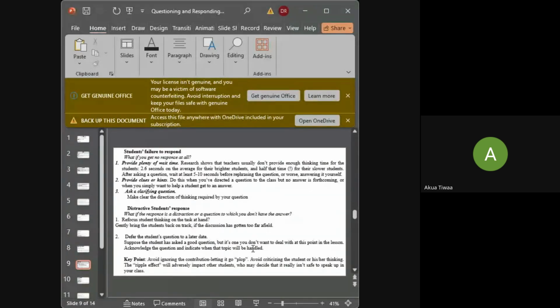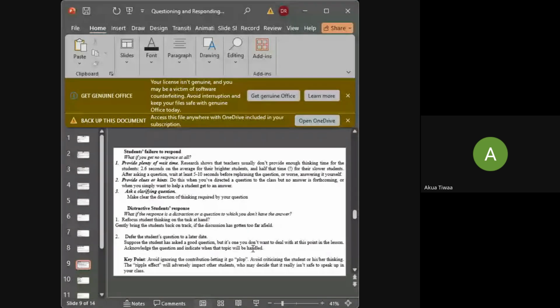That is, gently bring the students back on track if your discussion has gotten too far afield. Better yet, link the side track the class has taken to the main thrust of your questioning, and then defer the question to a later date.